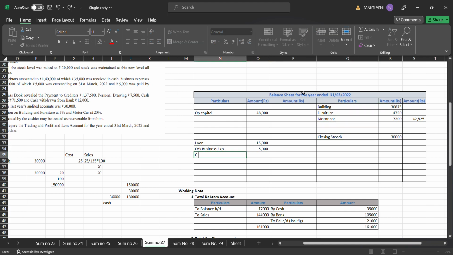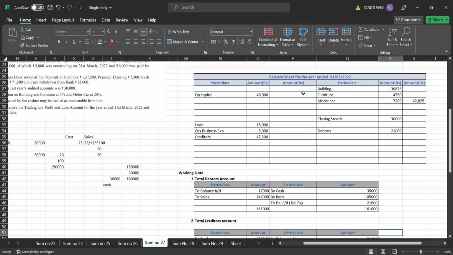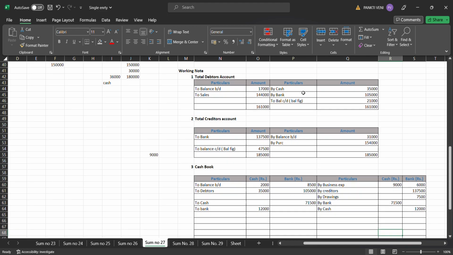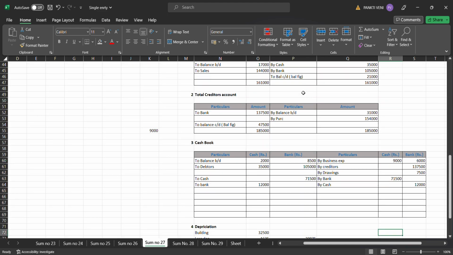Creditors is ready. Now I'll take the closing balance of creditors to the balance sheet, 47,500. The closing balance of debtors to the balance sheet will be 21,000. Okay, so this is done. Closing stock is done, debtors done, creditors, outstanding expenses, loan.